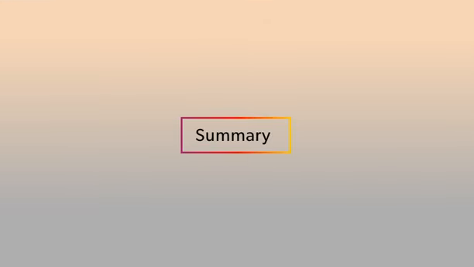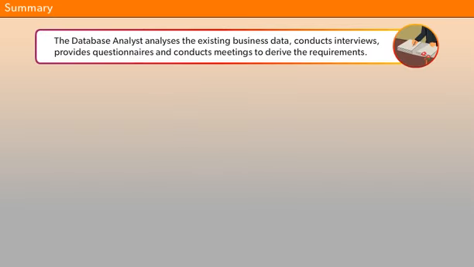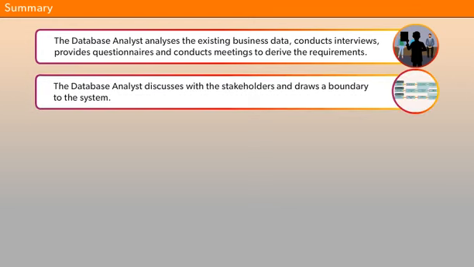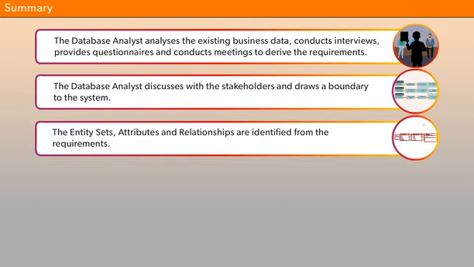Summary: in this video, you have learned that the database analyst analyzes the existing business data, conducts interviews, provides questionnaires, and conducts meetings to derive the requirements. The database analyst discusses with the stakeholders and draws a boundary to the system. He identifies the entity sets, attributes, and relationships from within the boundaries of the requirements.